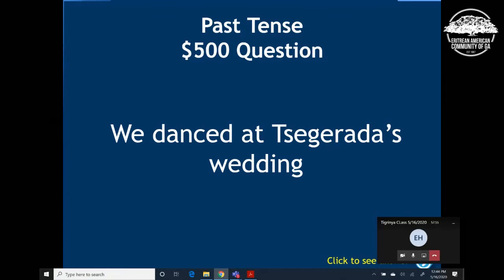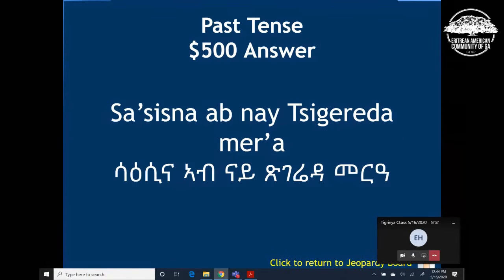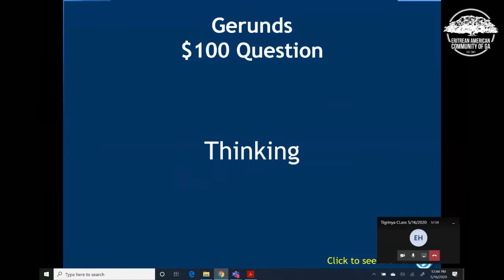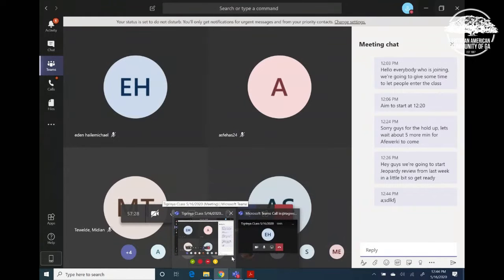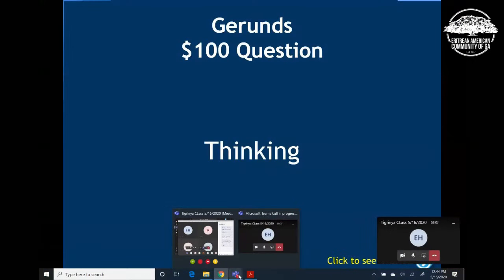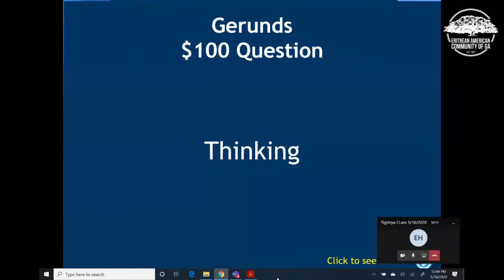Oh, this is last week's. Okay, so for gerunds for 100: thinking. How would you say that in Tigrinya? Thinking. Anyone have any idea how to say this in Tigrinya?